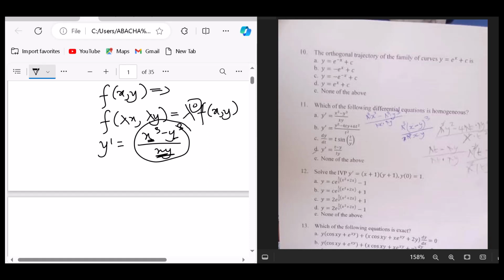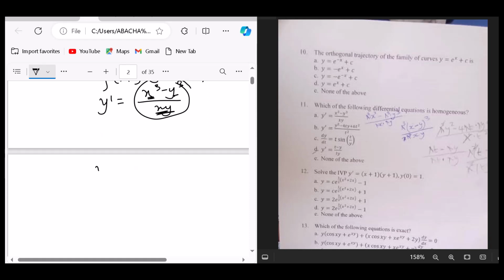Now let's look at y squared minus 4ty plus 6t squared. So we have y prime equal to y squared minus 4ty plus 6t squared all over t squared.